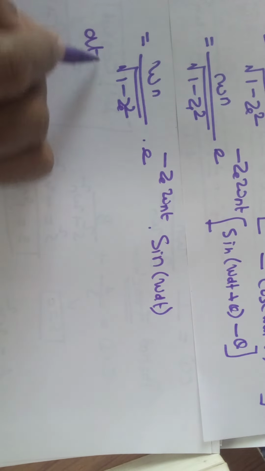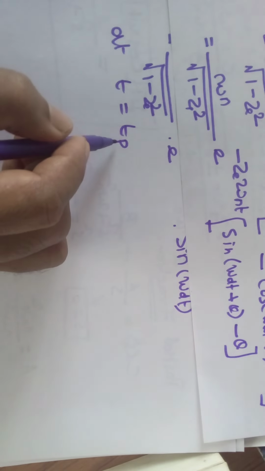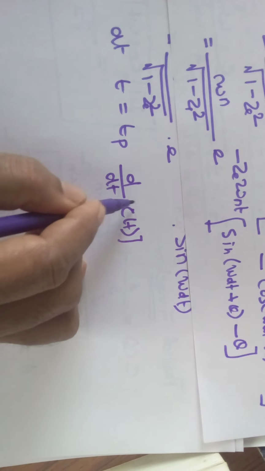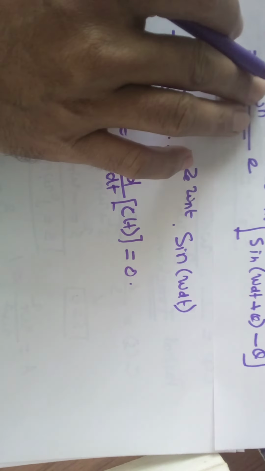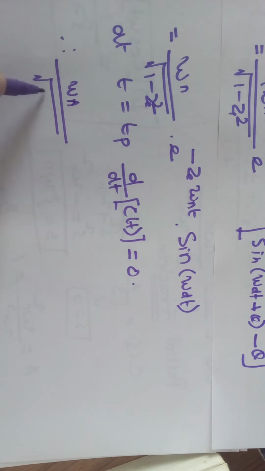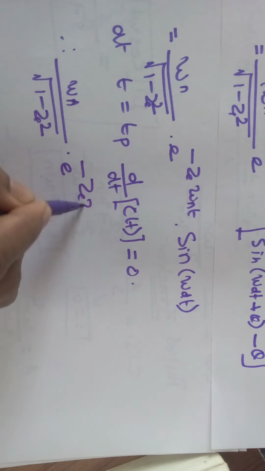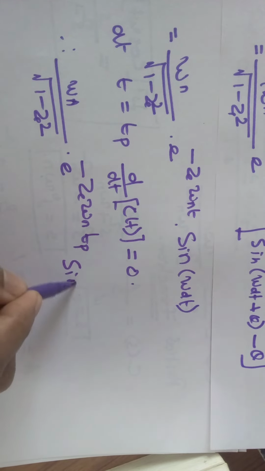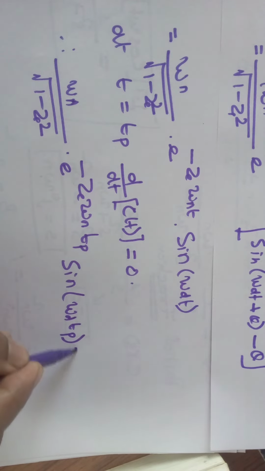So at t equal to Tp, the peak time, when the time reaches its peak time, this d by dt of c of t, the differential component of this response, will be equal to 0. Therefore we can write omega n divided by square root of 1 minus zeta square into e power minus zeta omega n into, instead of t you put Tp, into sin omega d Tp is equal to 0.